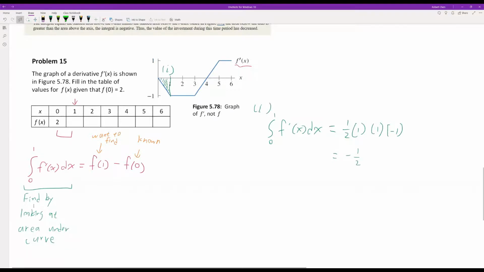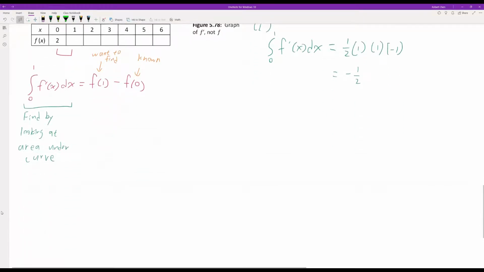All right. So what we can do here is go back to our purple equation and replace the definite integral on the left-hand side with -1/2. So what we have from this equation is -1/2 is equal to f of 1, which is what we want to find, minus f of 0, which is known, that is equal to 2, from the table.